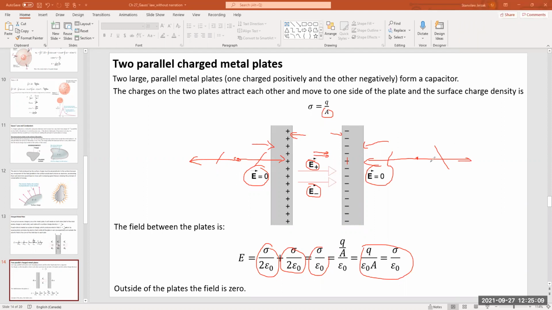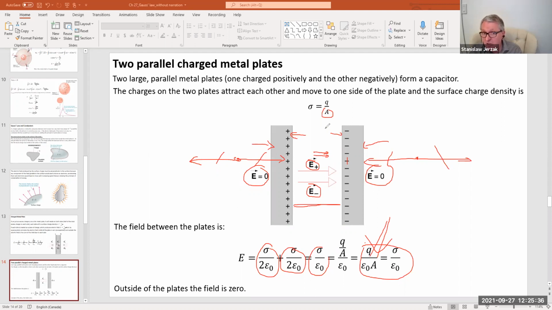Sir, I just have a quick question. I was wondering, how does the space between the two plates affect the electric field? Yeah, that's a very good question, because these formulas which I have written here are only valid really if the separation between these metal plates is much, much smaller than the size of each plate, which is usually the case.